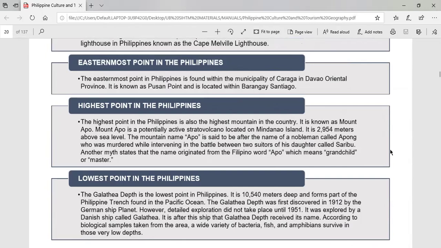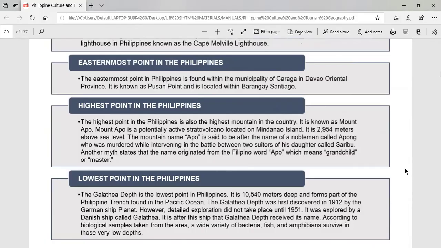Let's dive into the lowest point in the Philippines, which is the Galatea Depth. It is 10,540 meters deep and forms part of the Philippine Trench found in the Pacific Ocean. The Galatea Depth was first discovered in 1912 by the German ship Planet. However, detailed exploration did not take place until 1951.